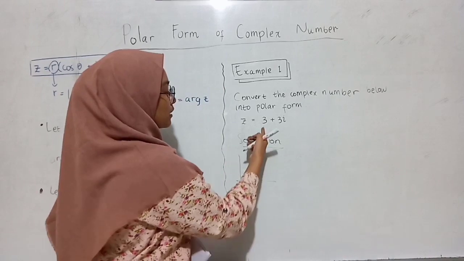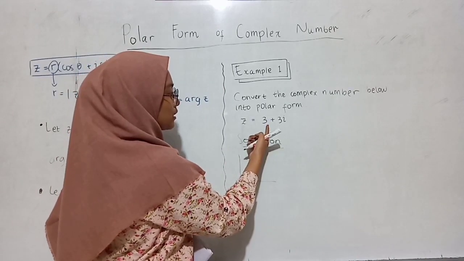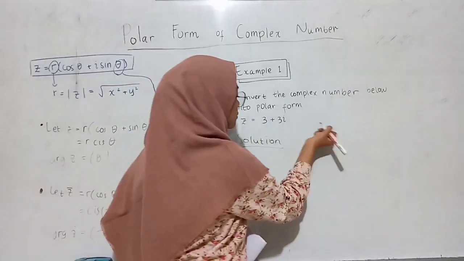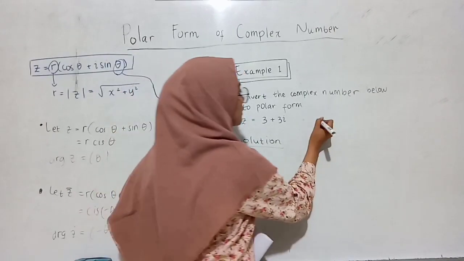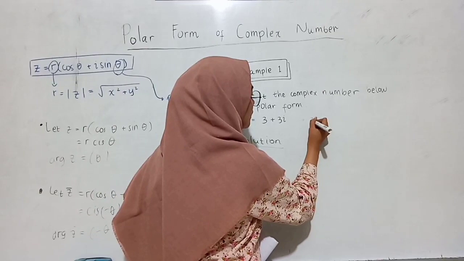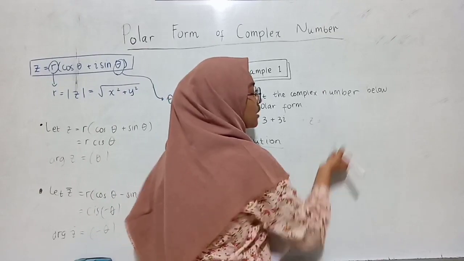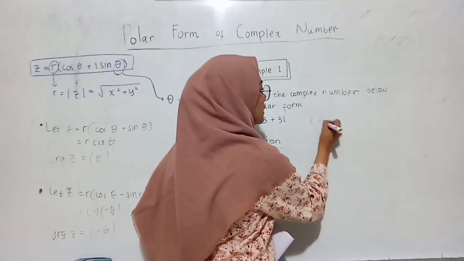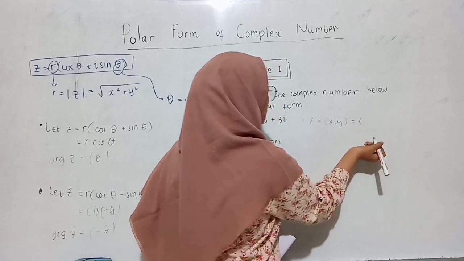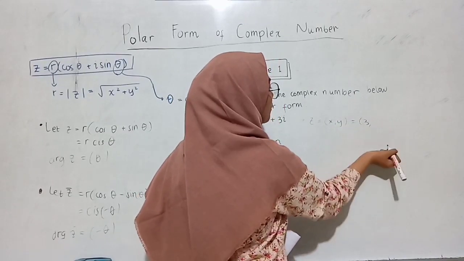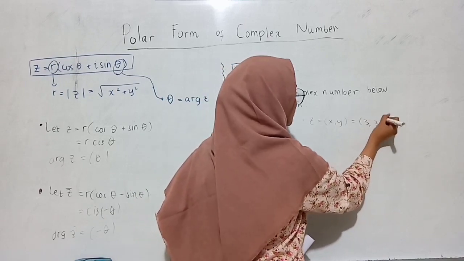Since Z equals 3 plus 3i, of course Z is in the Cartesian diagram with coordinates (x, y), where x is 3 and y is 3 also.